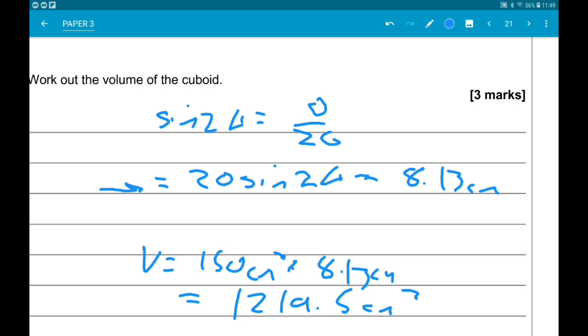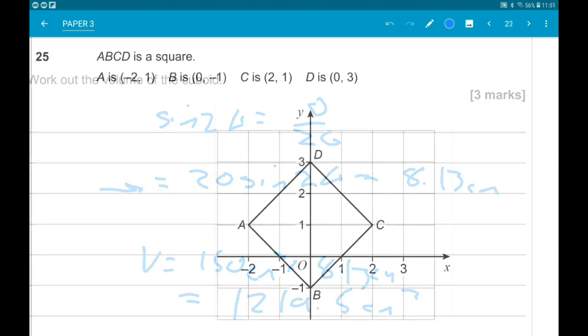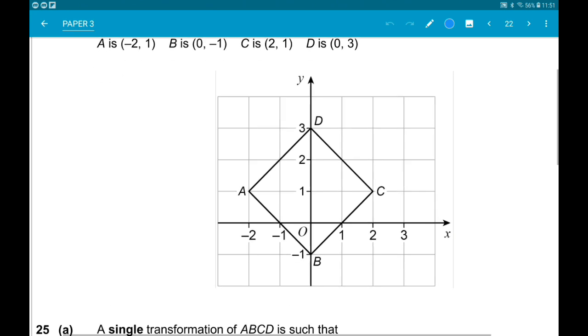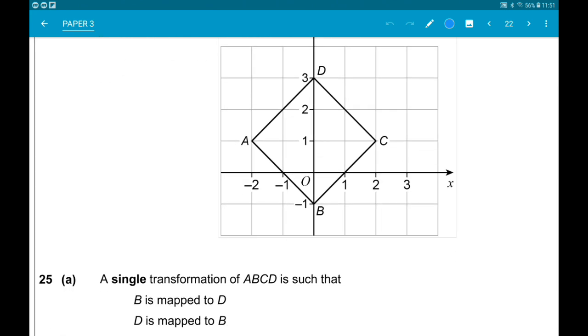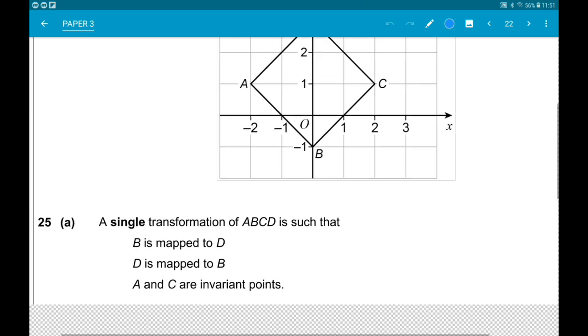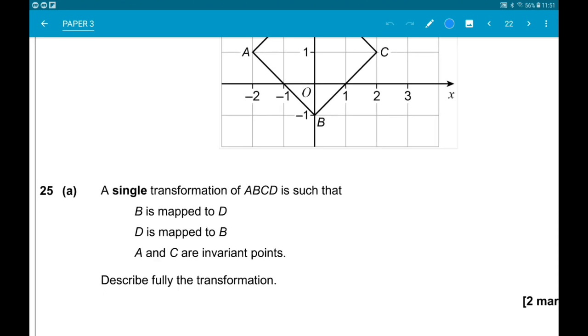Number 25, ABCD is a square. A single transformation of ABCD is such that B is mapped to D, D is mapped to B, A and C are invariant points.